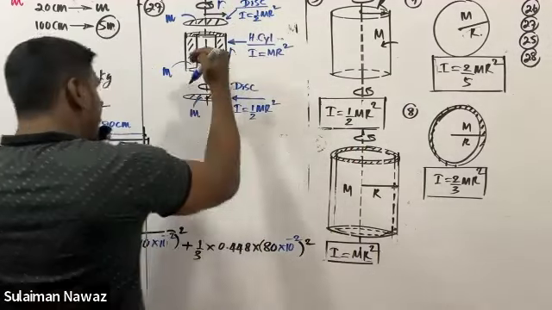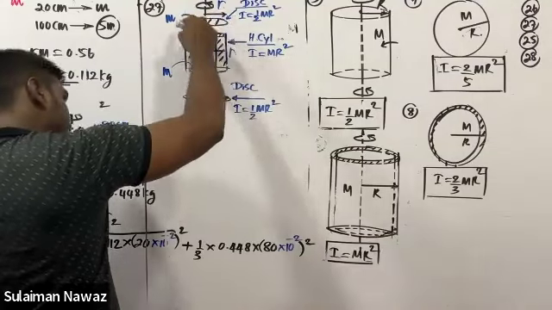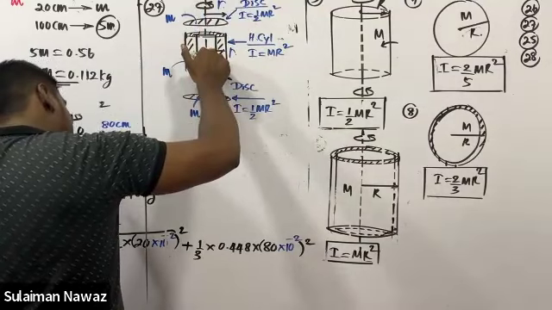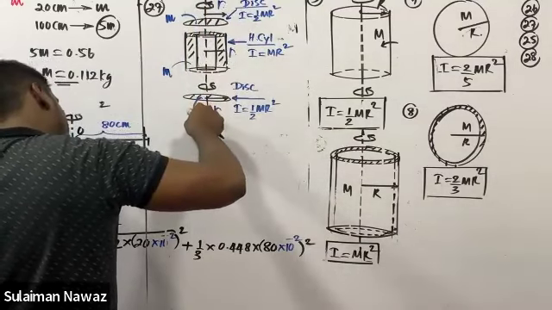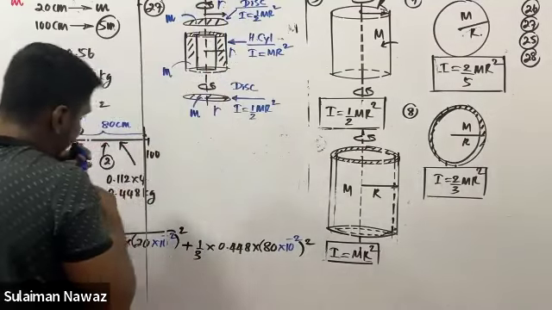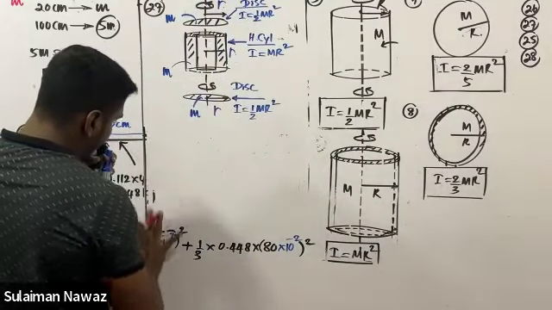So then you can find the total moment of inertia. You want to find the moment of inertia of the lid around this axis, plus the moment of inertia of the hollow cylinder around this axis, plus the moment of inertia of the other disk. That is the answer. Not difficult.